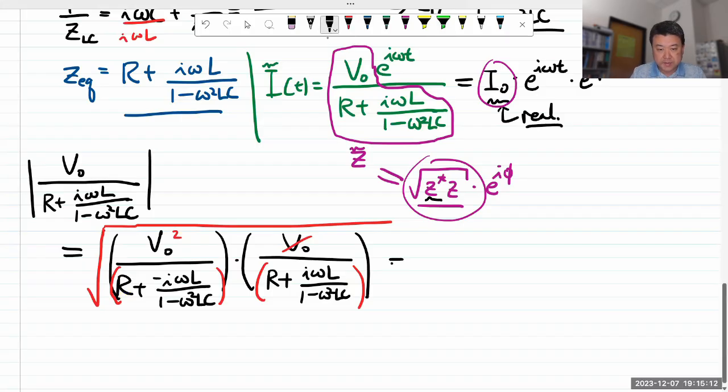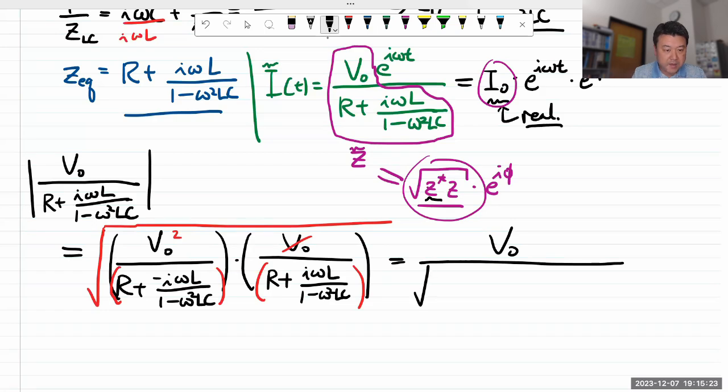I can just write this out. So I have V naught squared square rooted. Let me just write V naught on the numerator. And in the denominator, I'll still square root. I have R squared from the two real parts multiplying together, and the cross terms cancel out. So I'm just going to have the imaginary part multiplied by the other imaginary part. Minus I times I is plus 1.